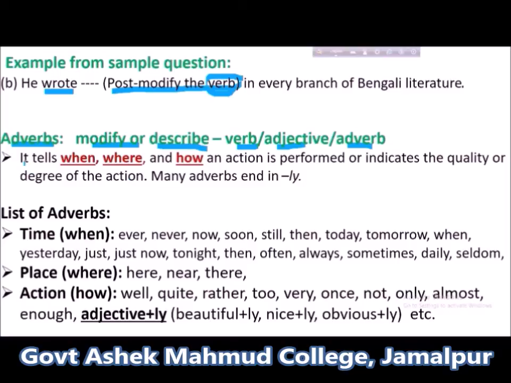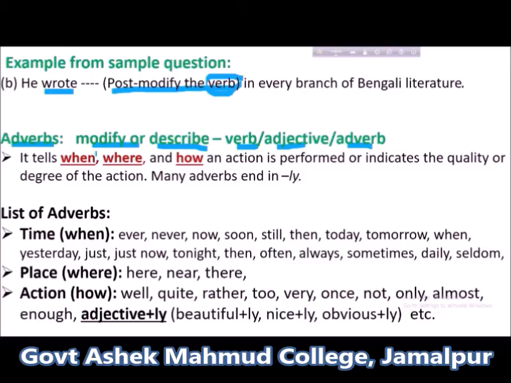First, let's see what the actual function of an adverb is. It tells when, where, and how an action is performed, or indicates the qualities or degree of the action. Many adverbs end in ly, and whenever you add ly at the end of an adjective, this adjective will become an adverb.